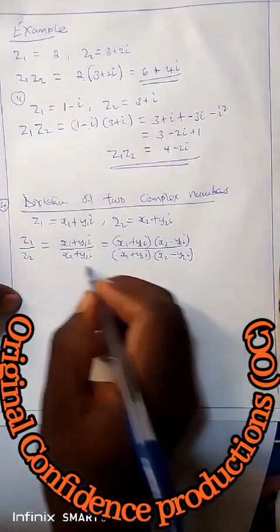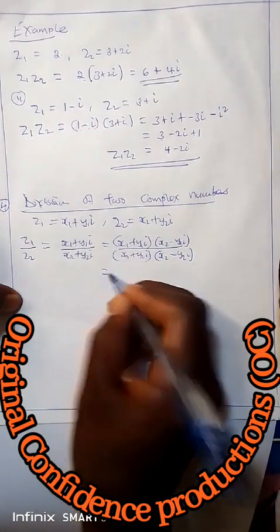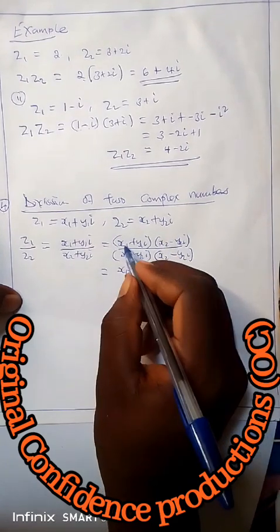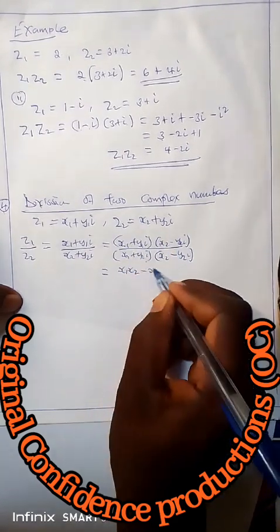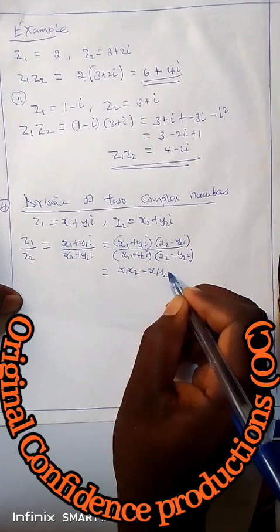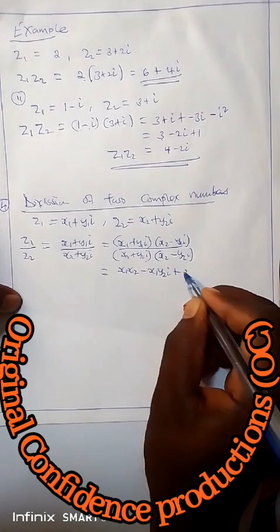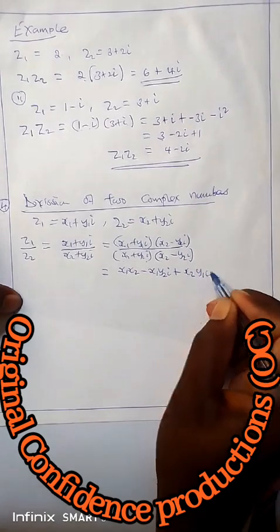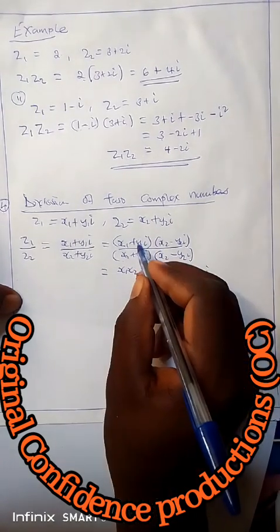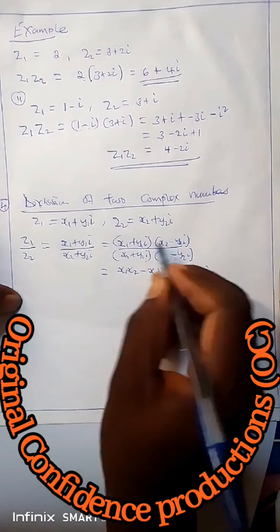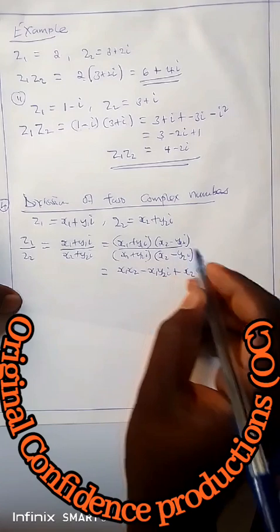So in this case, we open this bracket. This one times that is x1 x2, then x1 times that is minus x1 y2 i, then plus x2 y1 i, then lastly this one and this one, we have i and i, that is i squared, but this one is already a minus, so that is a plus now.